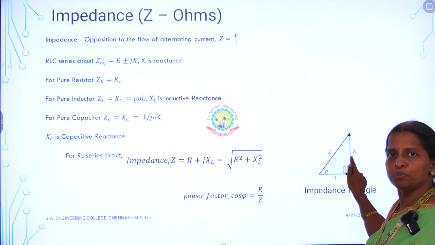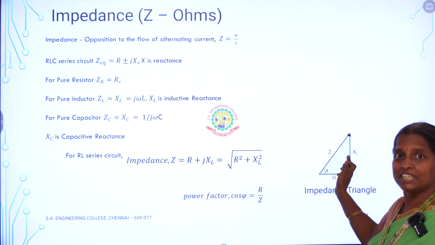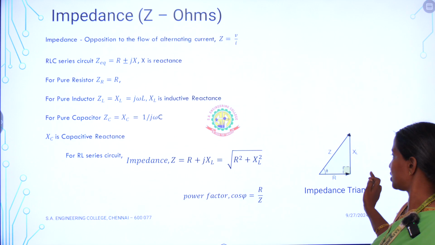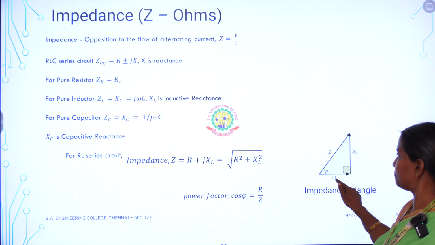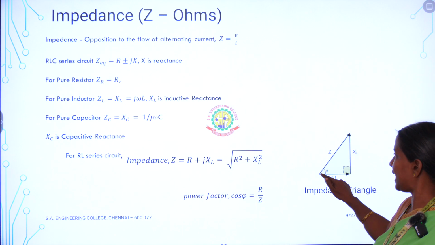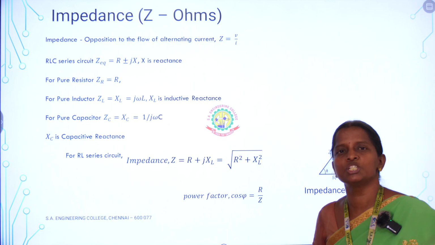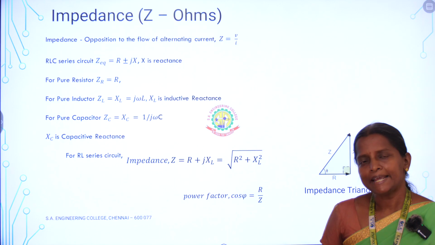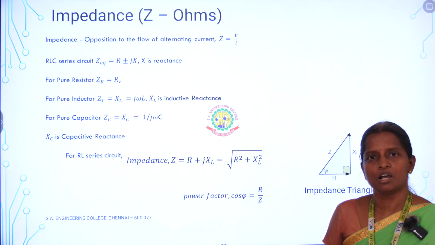It is not necessary to put the j here, because the vector is already rotated by 90 degrees in the counterclockwise direction. So R plus jXL. If you are adding it vectorially, how do we add it? There are two types of vector addition: the triangular law of addition and the parallelogram law of addition. What is the triangular law of addition?